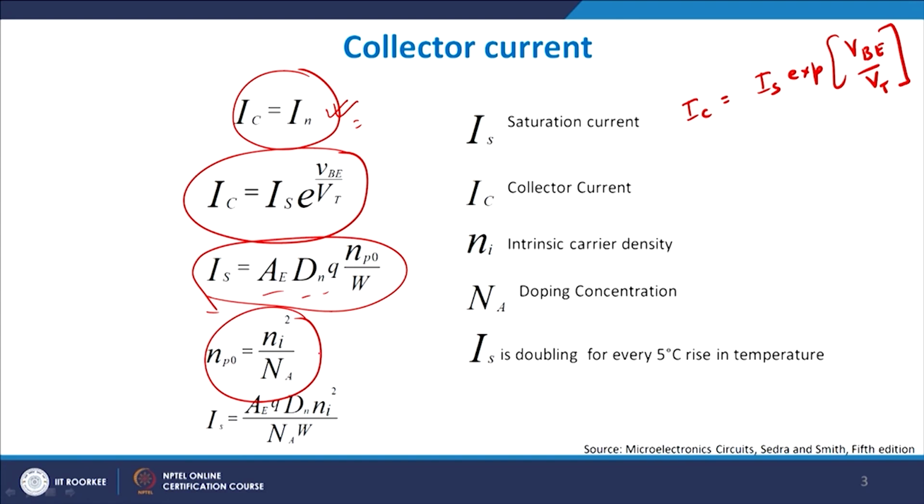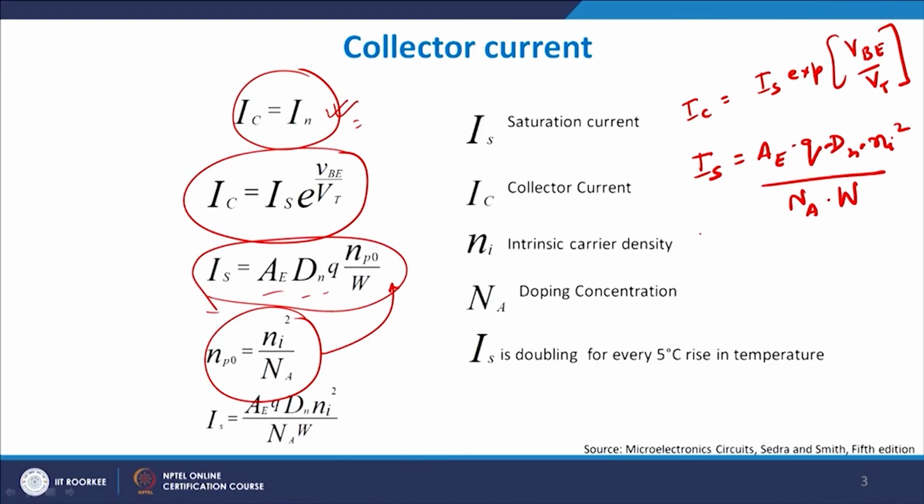If you take NP0 and place it in this equation, I get IS equal to AE multiplied by Q multiplied by dN multiplied by Ni squared divided by Na into W. W is the width of the base region, which means that IS, the saturation current, depends on the number of intrinsic carriers, which actually doubles for every 5 to 10 degree rise in temperature. So, you would expect to see a very large change in the value of saturation current in this case.